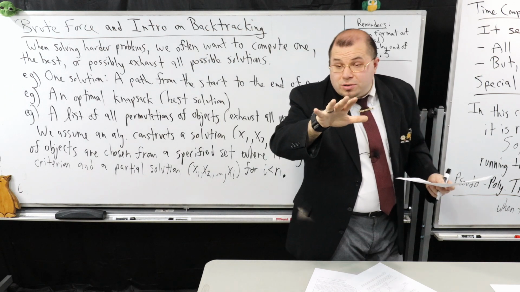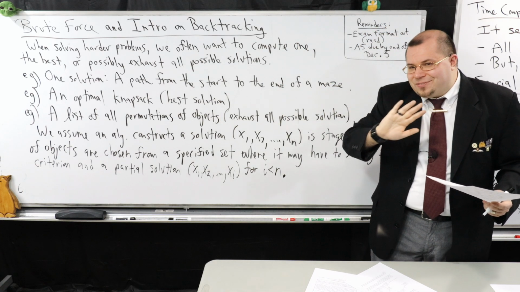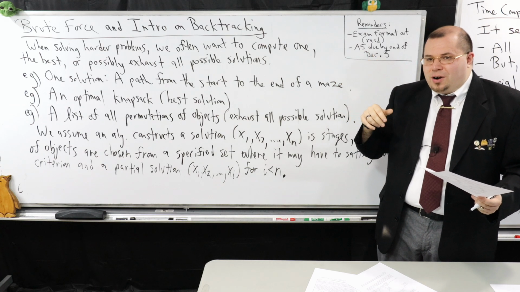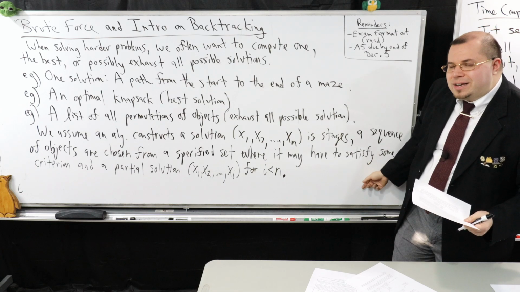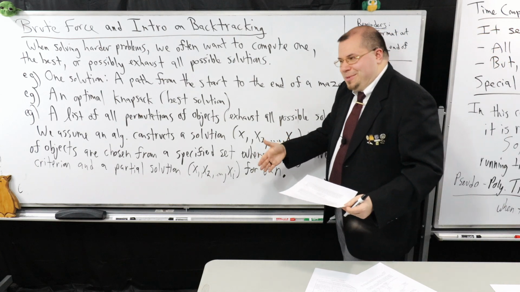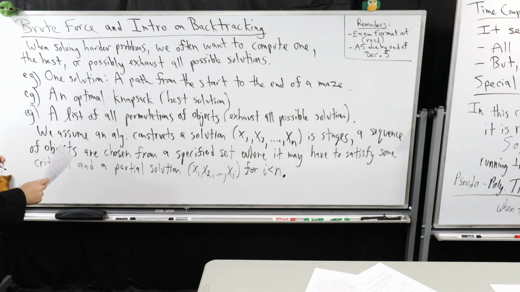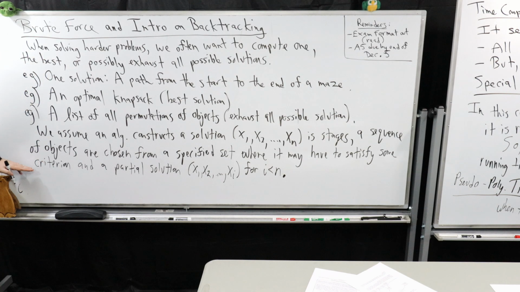Just like when I talked earlier on in the course about greedy algorithms, when every time I make a selection, I want to make sure it stays a feasible solution with respect to what I've considered so far. I want the same idea here, but it's not nearly as constrained as a greedy algorithm would be. This is really very much where we're just going to try everything. So you're going to first see that I'm going to be very lax about this last part here. You'll see when we get to the backtracking itself that I'm going to then try to impose this.